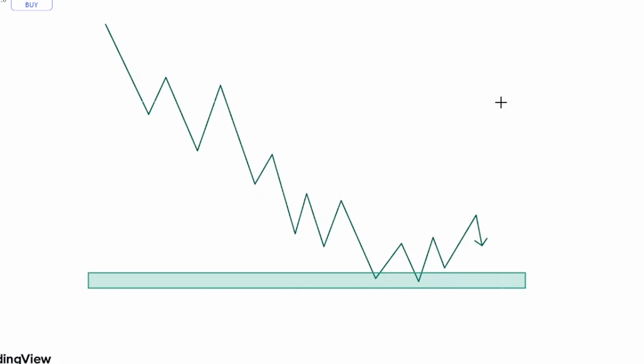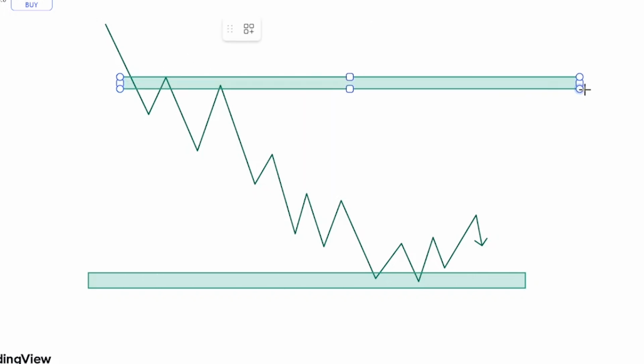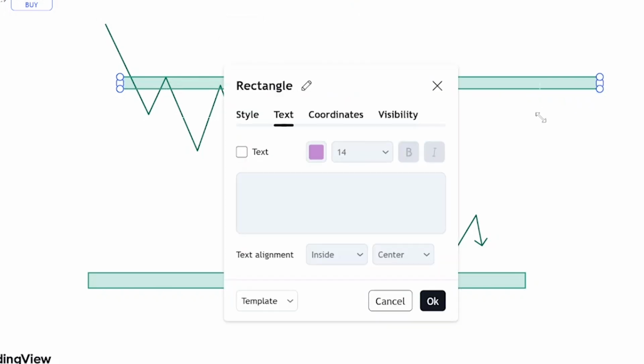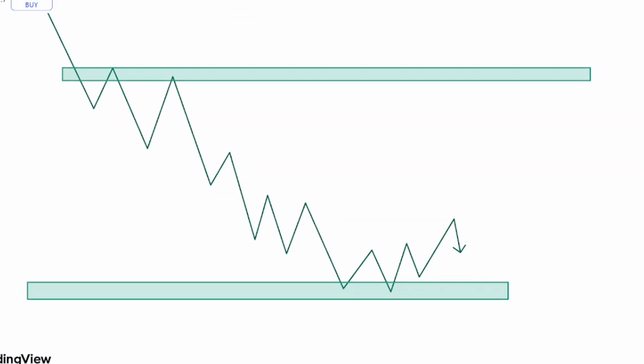So now what we are going to be looking for is opportunities to be buying from. Then you're going to be targeting the areas where we moved from when we were moving down. So now we're going to be looking for the areas to be buying from until we get to this target.